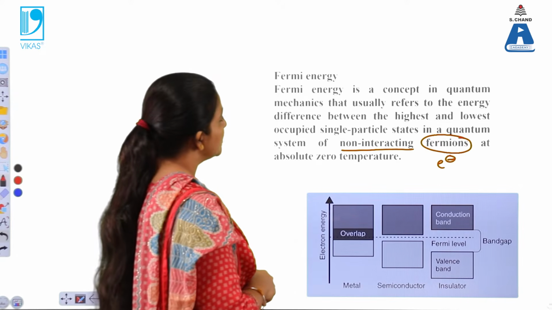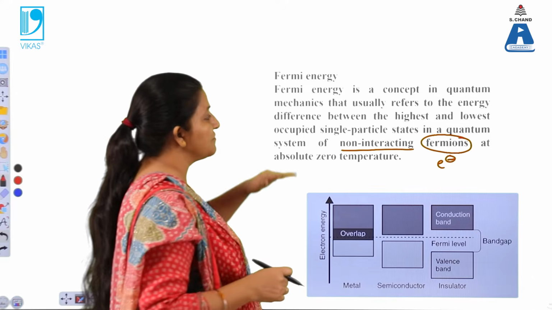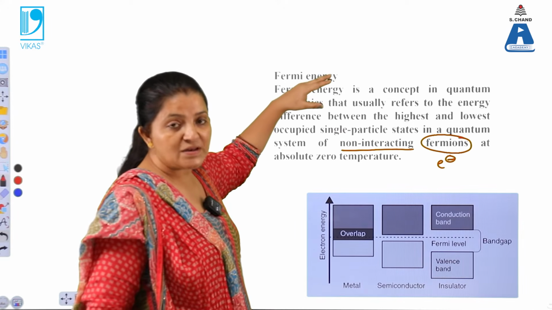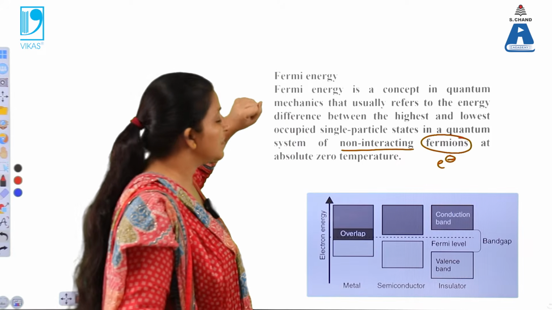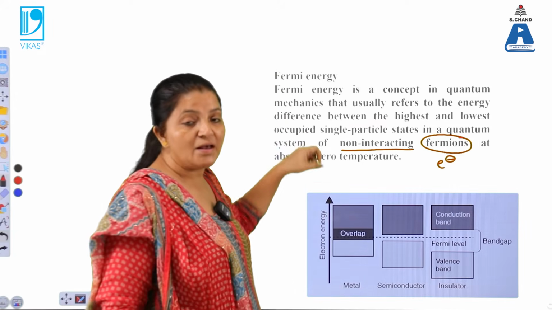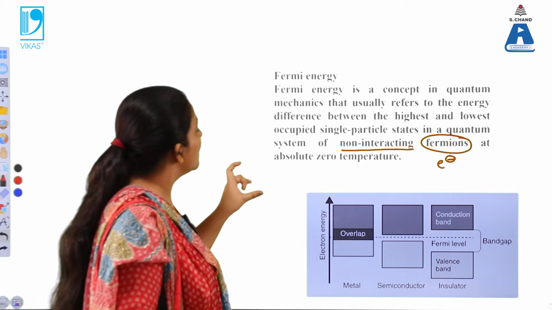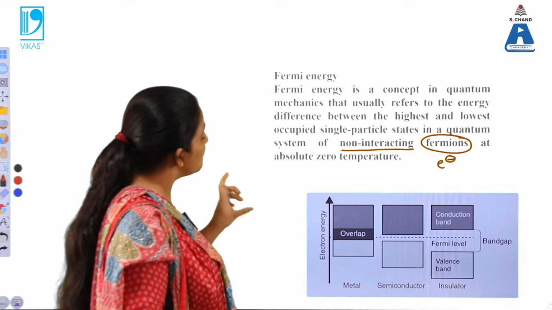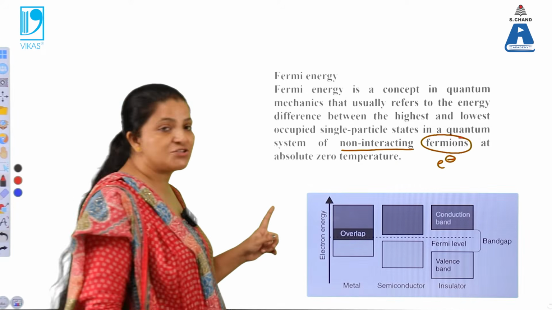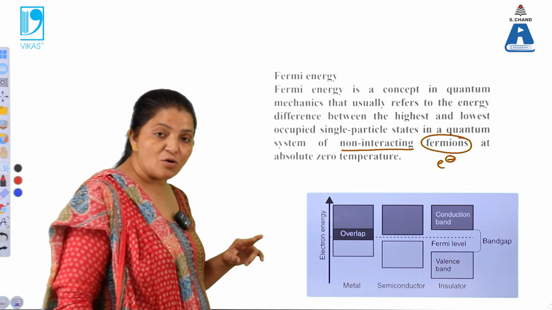In quantum mechanics, this refers to the energy difference between the lowest level and the highest level. The difference between the energy of the conduction band and the energy of the valence band is known as the Fermi energy, and this energy is for the fermions or electrons.